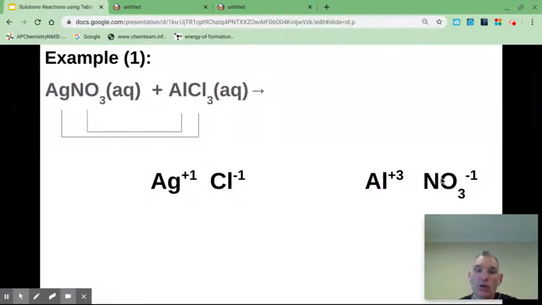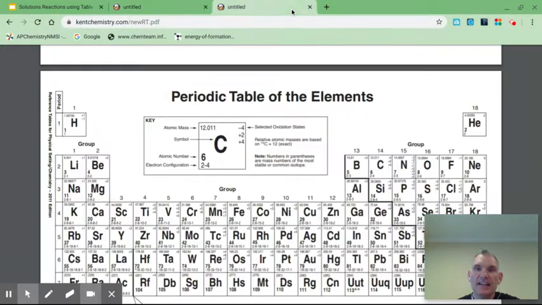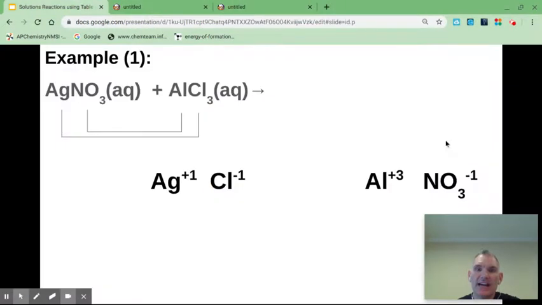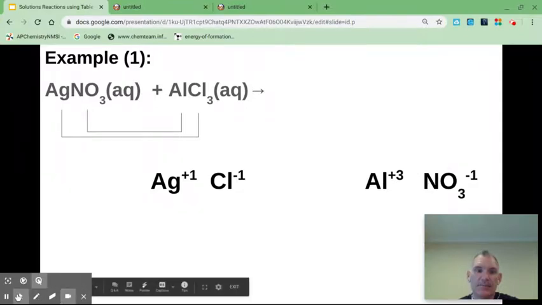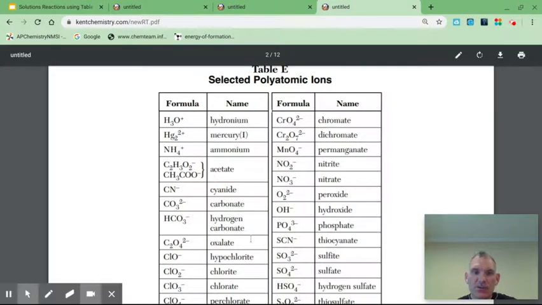Now, the NO3 cannot be found on the periodic table. That's because it's a polyatomic ion. So for that, I would go to table E. Okay, on table E, I'm going to find out that NO3 has a charge of minus 1. So when I go to table E, again, just to show you one more time, NO3 is right here, and it has a negative charge.